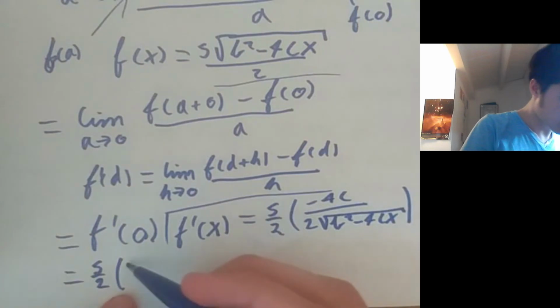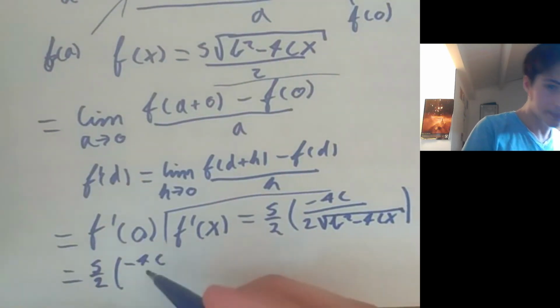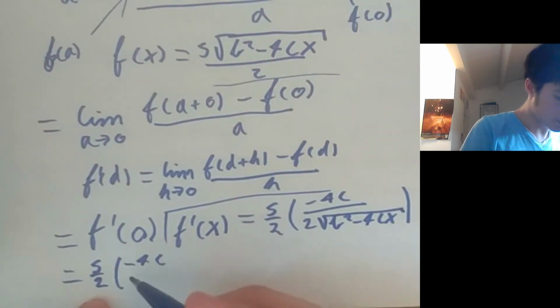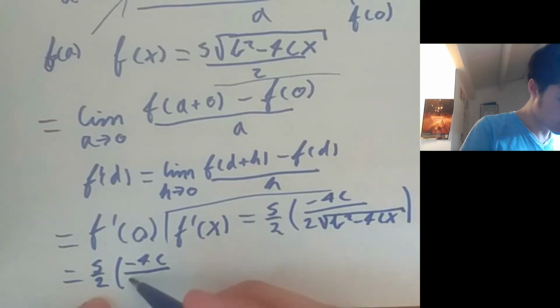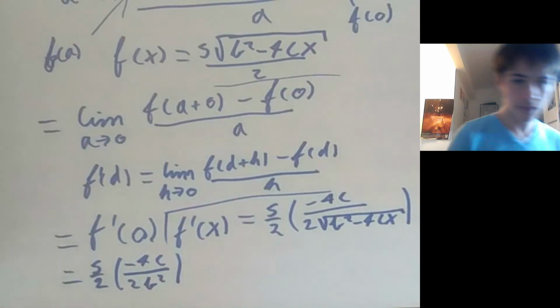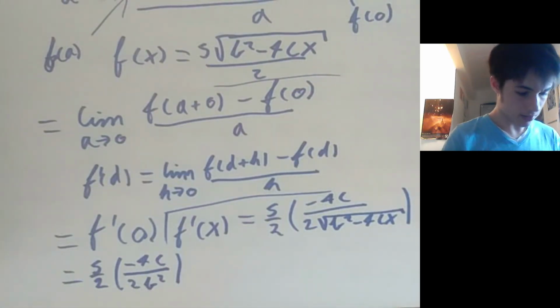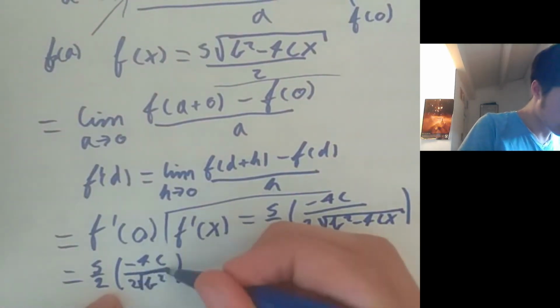Then we've got still negative 4c on top. And on the bottom, we've got 2 times b squared. And of course all inside of a square root.